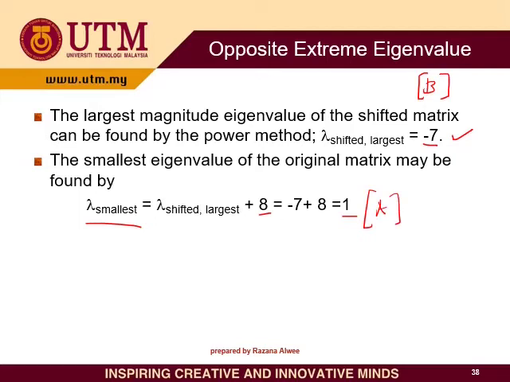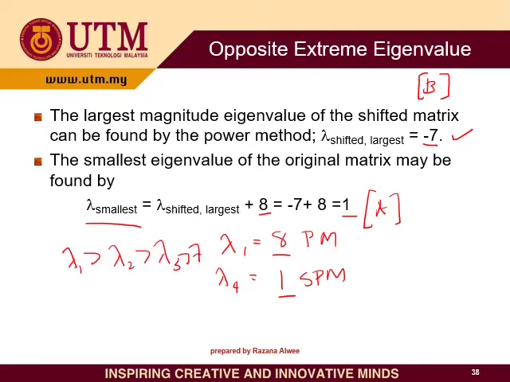Okay, so if you remember, lambda 1 is 8. This we found by using the power method. And if you are using the shifted power method, you will get the value of the lowest eigenvalue. If you do the previous one, the power method, you will get the largest one, which is lambda 1. If you remember, lambda 1 is bigger than lambda 2, bigger than lambda 3, bigger than lambda 4.